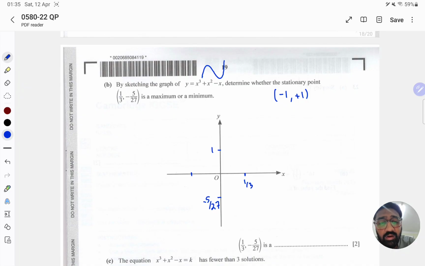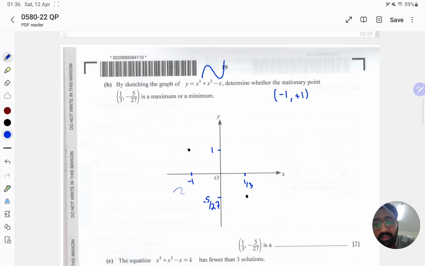The other value of x that I am supposed to have is this, minus 1. So these are the two stationary points. One stationary point is right here, which is minus 1 and plus 1, which is this. The other stationary point is 1 by 3 and minus 5 by 27, which is here.